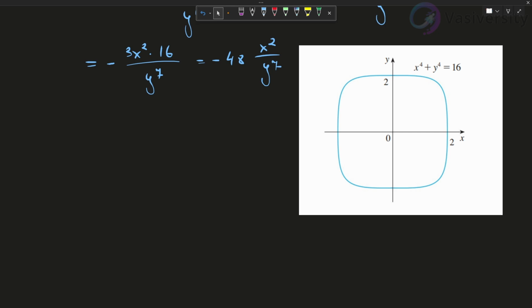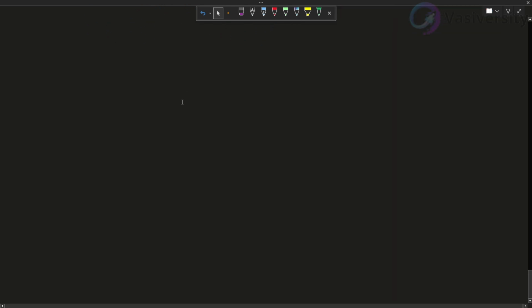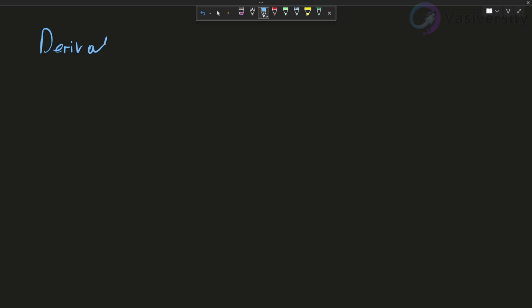So now we're going to be doing the inverse of the trigonometric functions, because remember, in trigonometry, we do have arcsine, arccosine, arctangent, and they are part of functions. But now we want to take derivatives of them. So the last part for today is going to be the derivatives of inverse trigonometric functions.